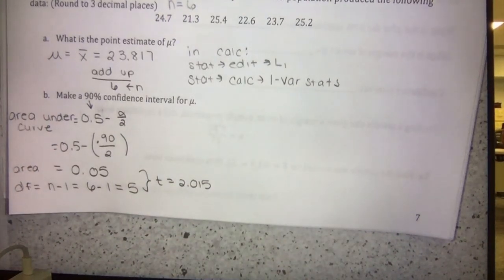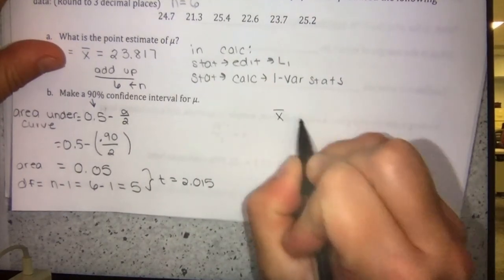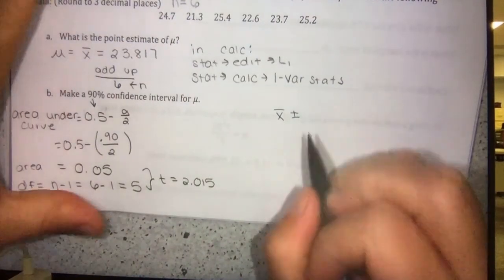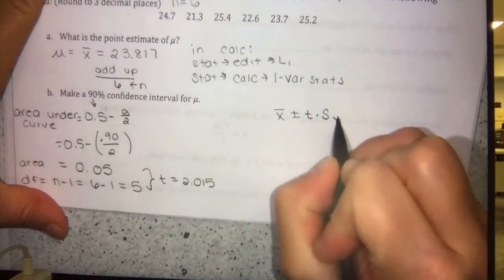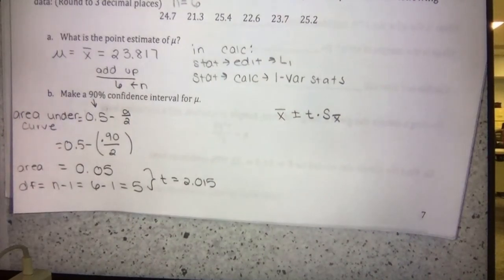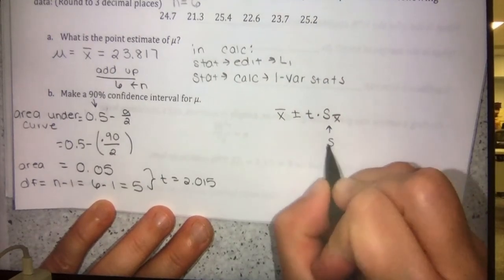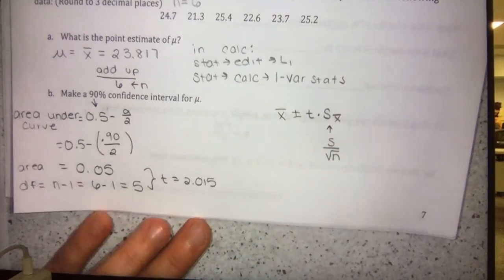All right, so remember our whole point here was to find that confidence interval. For our confidence interval, we need x bar plus or minus t times our sampling standard deviation, s of x bar, which we know s of x bar is s over the square root of n.